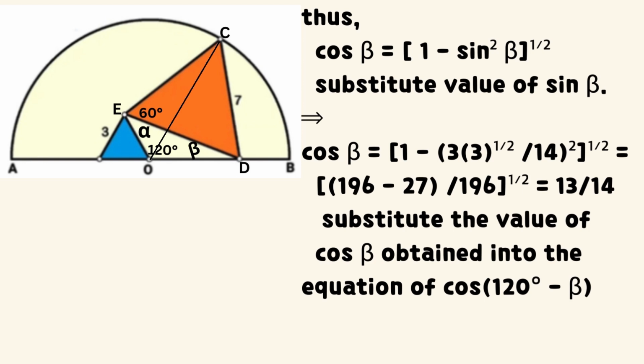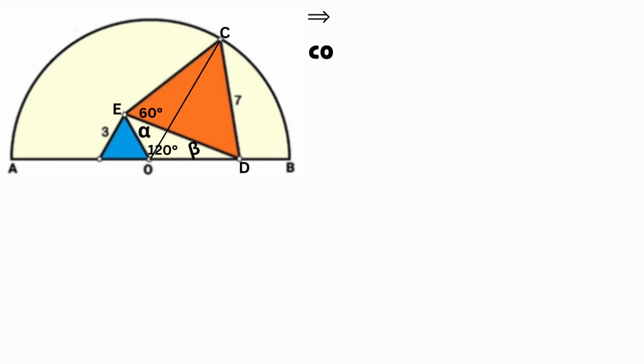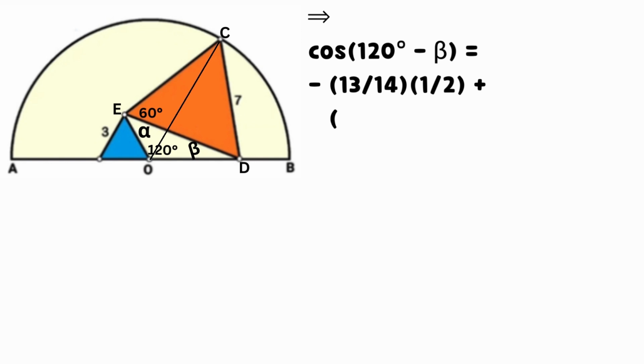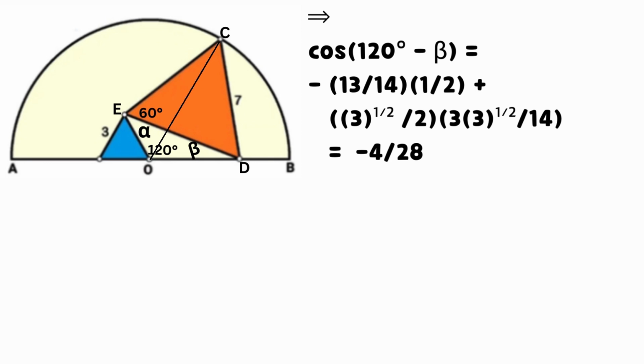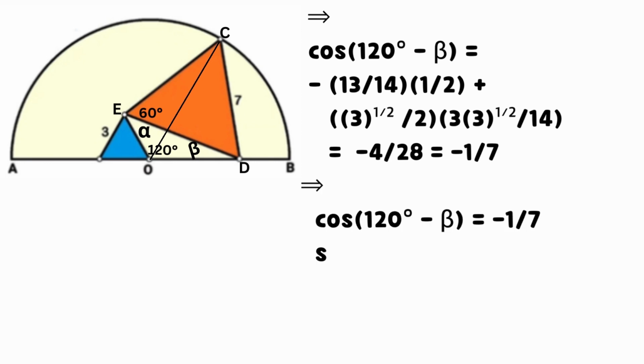Then, we substitute the value of cosine beta obtained earlier into the above equation of cosine 120 degrees minus beta. It implies that cosine 120 degrees minus beta equals negative 1 divided by 7.